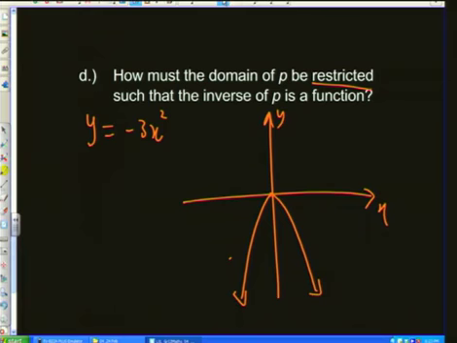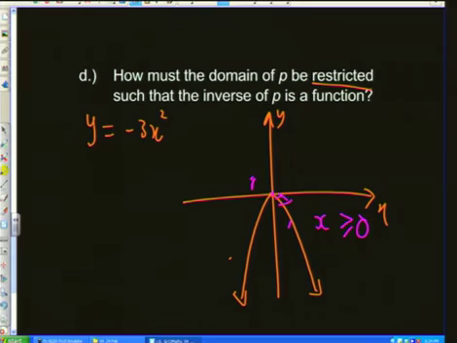Now, how do I restrict this in such a way that the inverse of this graph will be a function? If I look at the part from naught going to the right, where x is positive, I'll get a one-to-one function. So if I restrict my domain and say x is greater than or equal to naught, then my inverse will be a function, which is going to be a one-to-one function in that case.